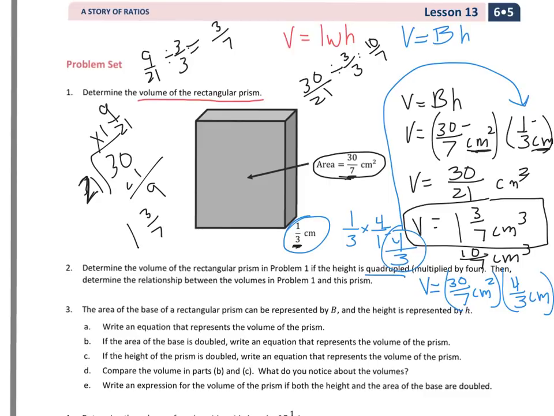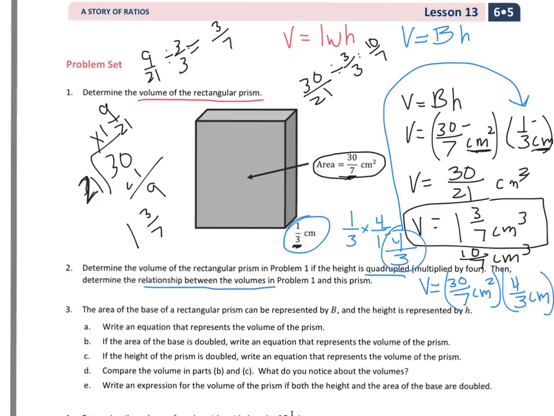Then we need to determine the relationship between the volumes in problem 1 and this prism. And you're going to see that the answer is going to look a little different from 1 to answer 2, and you want to state how that answer is different. So let's take a look now at 3.